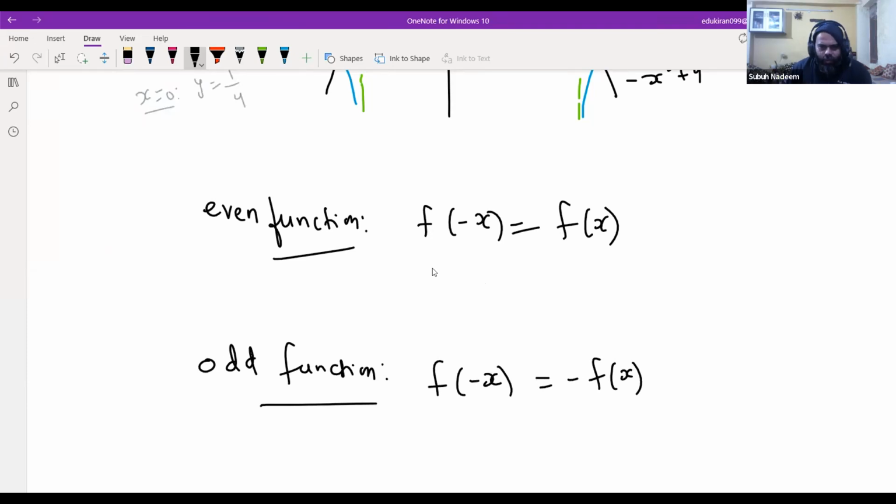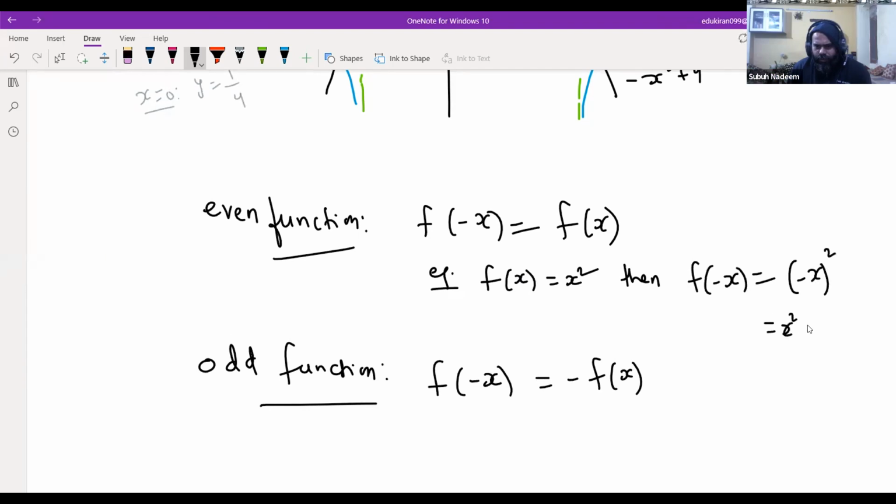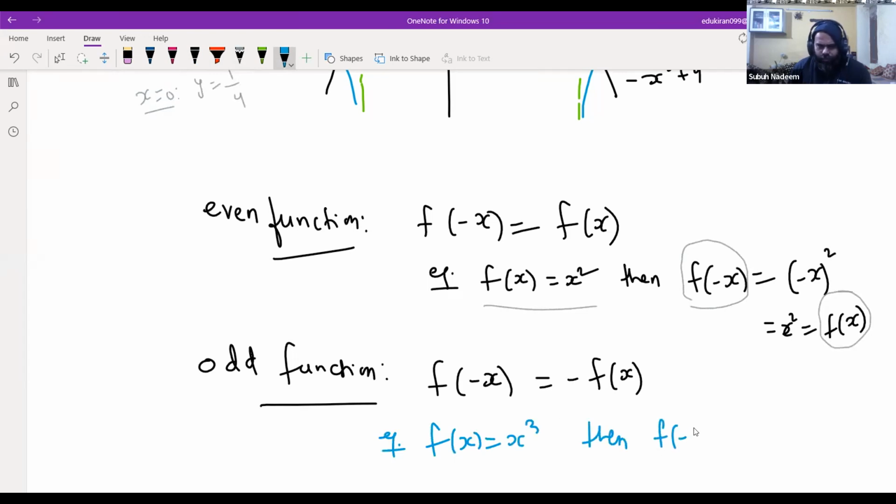If you take an example, f of x is equal to x square, then f of minus x is equal to minus x whole square, that will be x square, which is f of x. So we observe that this function is an even function because f of minus x is same as f of x. Whereas if we take f of x is equal to x cube, then f of minus x is equal to minus x cube.